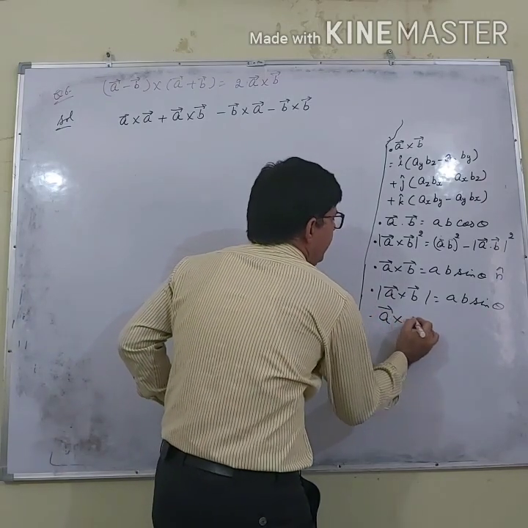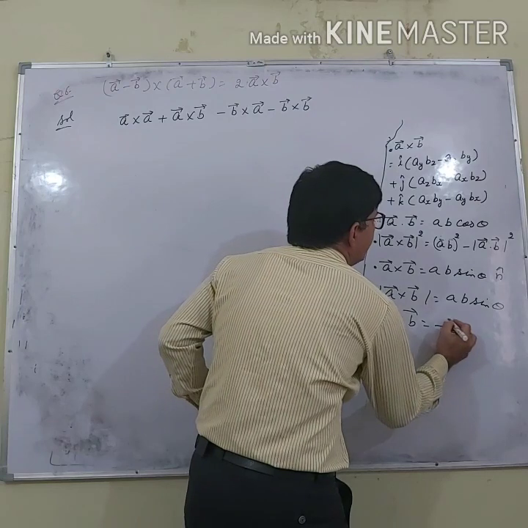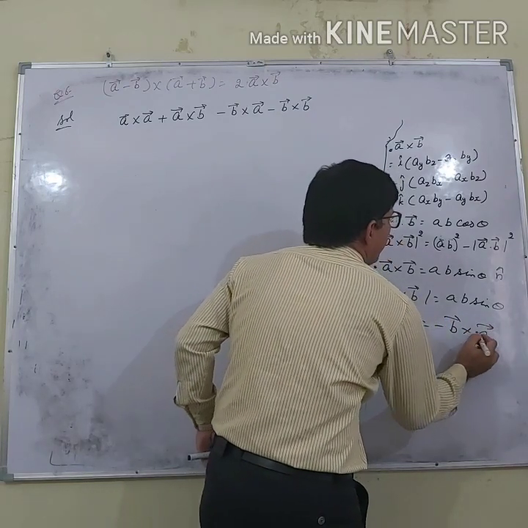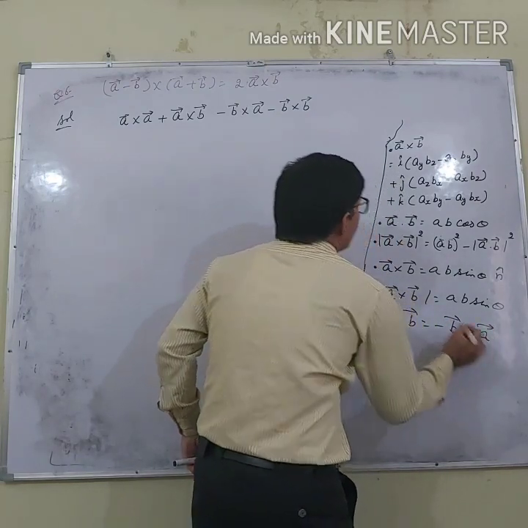A cross B equals minus B cross A. These points you have to remember.